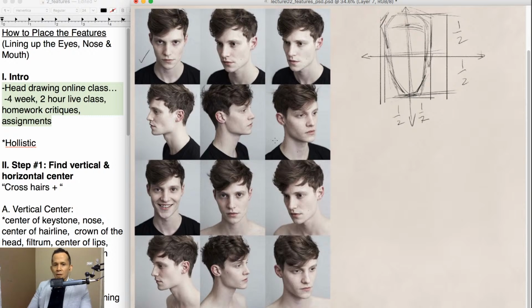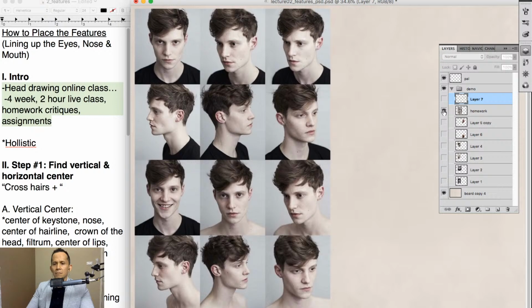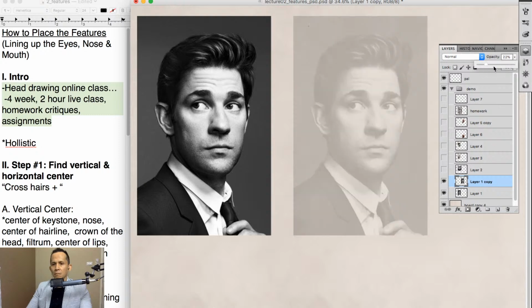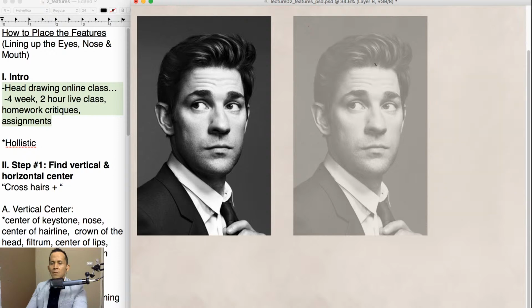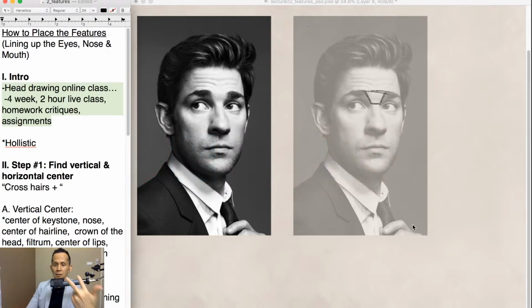Well, one way to find vertical center is the first thing I look for, I train myself to look for, and I think as human beings, we all look through the eyes. I look for this thing, which is the keystone, which is basically the bone between your eyeballs.